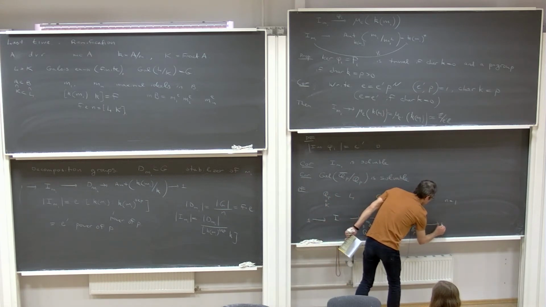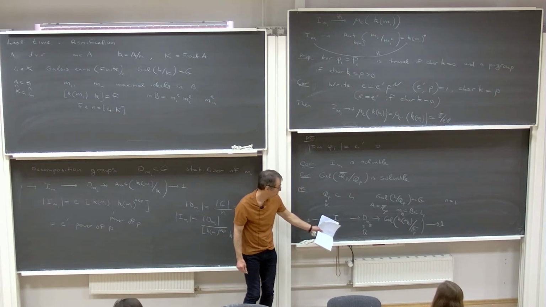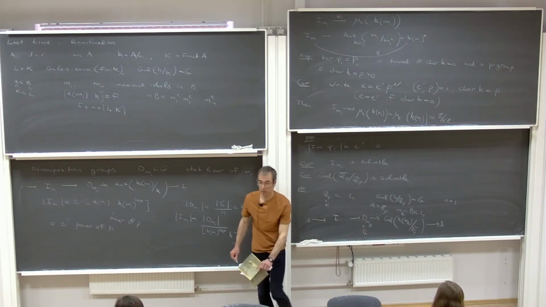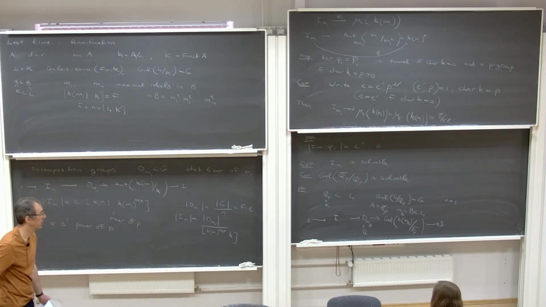Right? So this group is solvable, and this group is abelian. It's a finite extension of a finite field. Very good.